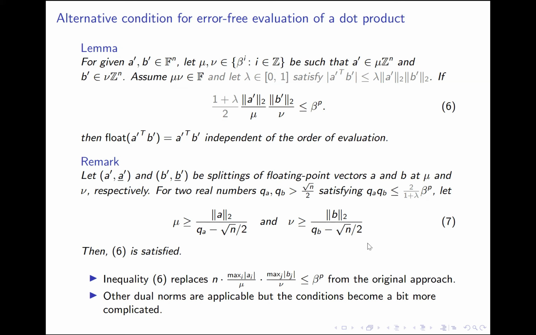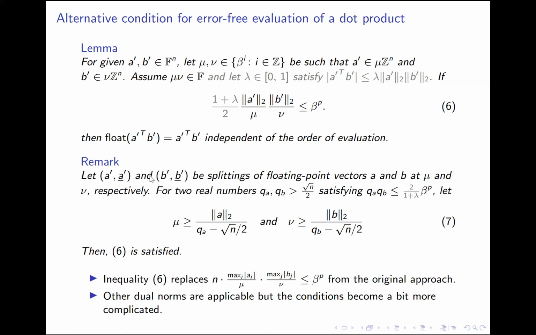In the practical application, we have an alternative condition using QA and QB, whose product should be bounded by beta to the power of p, and then we can choose minimal mu and nu, powers of beta, that satisfy this condition 7 here, and then condition 6 is implied.